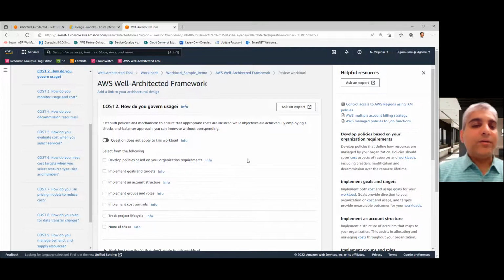The next one is around implementing goals and targets. This is about identifying your goals as an organization or as a business, and then setting targets, which are measurable metrics or KPIs that will help you see whether or not you're moving towards your goal. As an example, a goal may be that we want to reduce the cost of a particular application over the next 6 months.